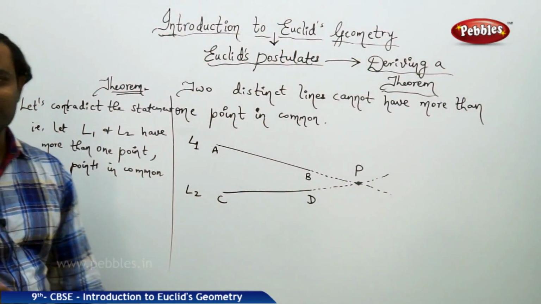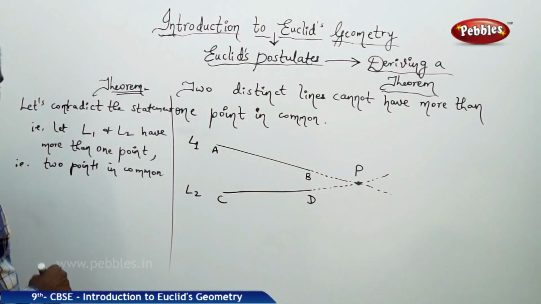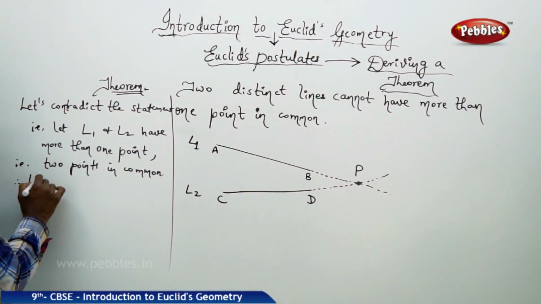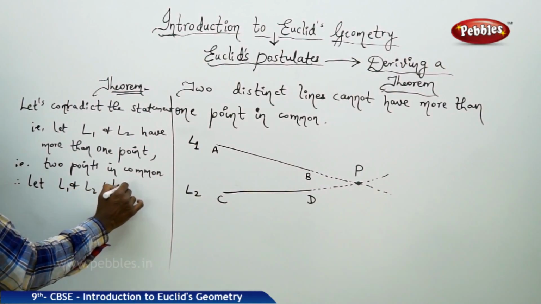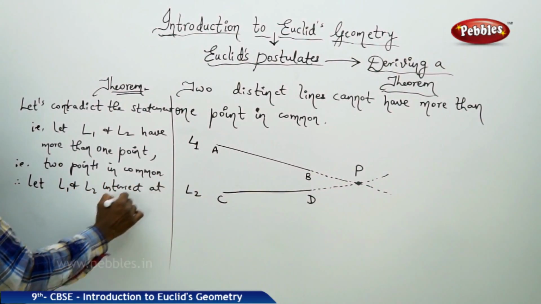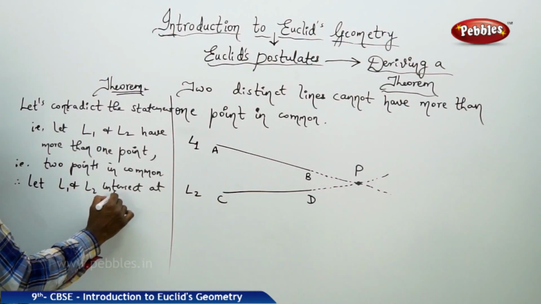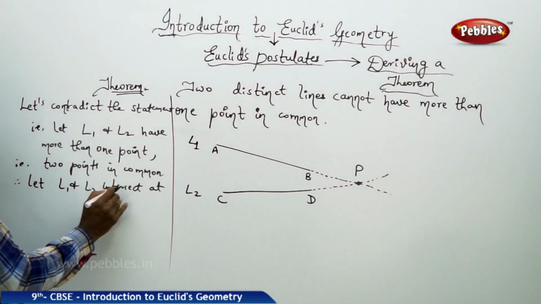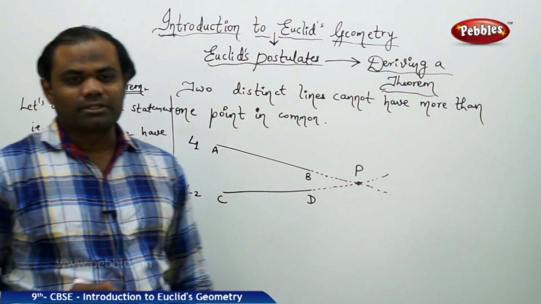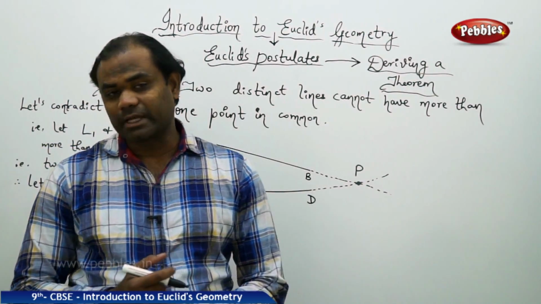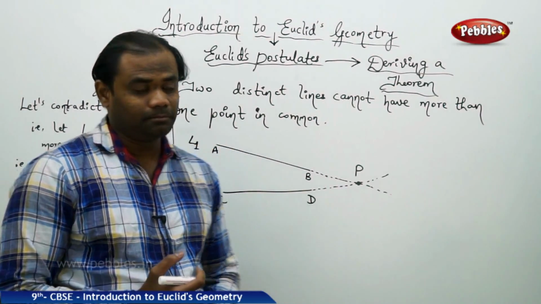That is, the two lines are said to be intersecting at P and Q. Therefore, let L1 and L2 intersect at, say, P and Q.